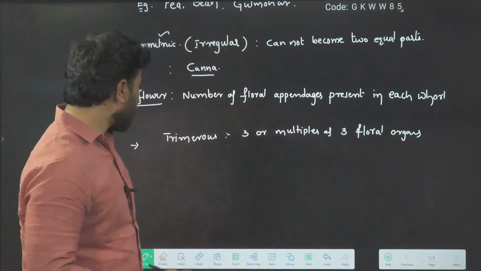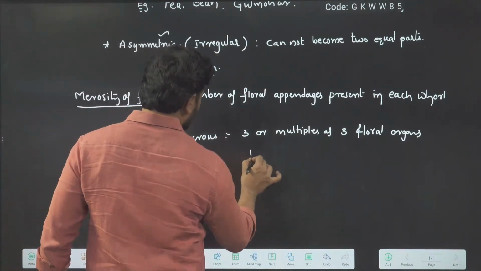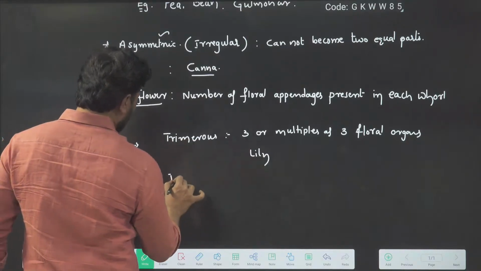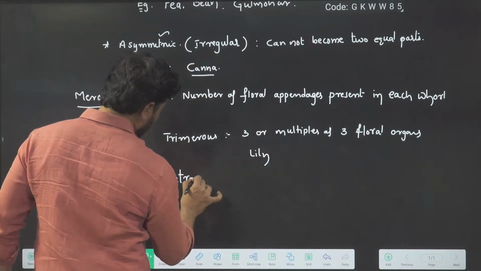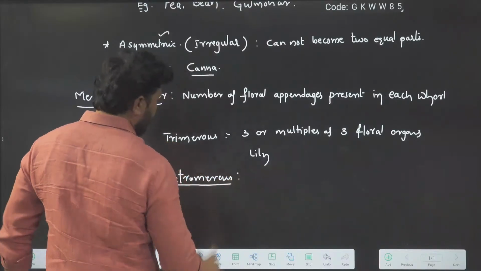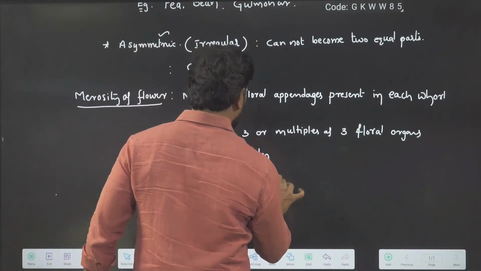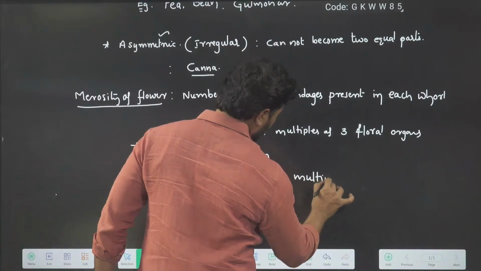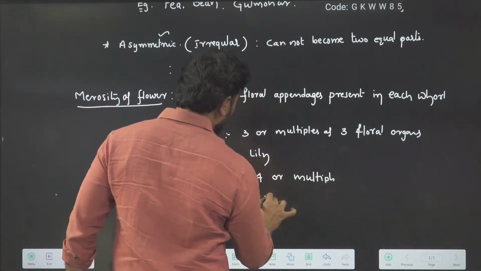Is it okay? Trimerous flowers, example lily. Next one, tetramerous. Over there we have 4 or multiples of 4. Best example, mustard.